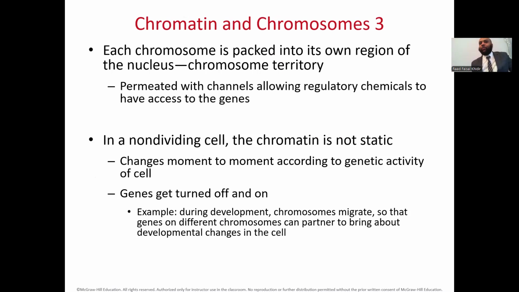Genes get turned off and on through a process known as gene expression. During growth and development, the chromosomes migrate so that genes on different chromosomes can partner to bring about developmental changes in the cell.